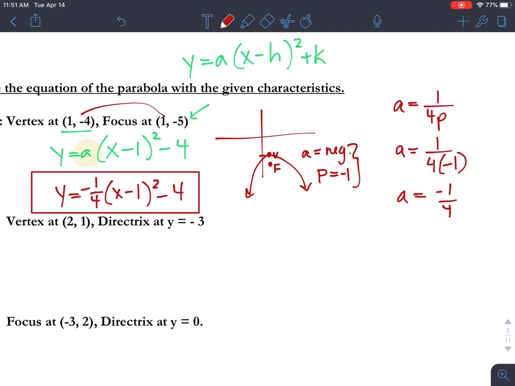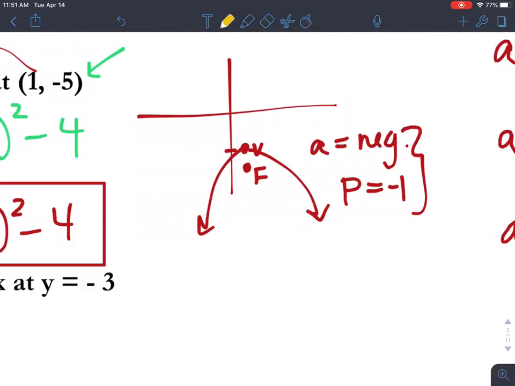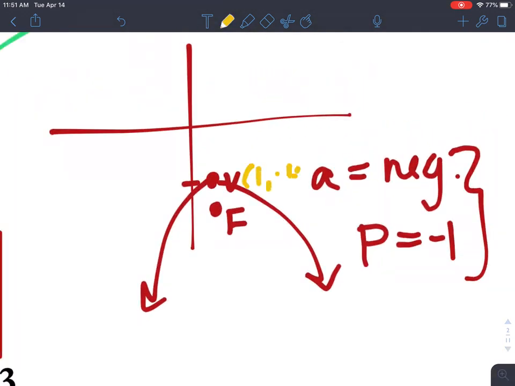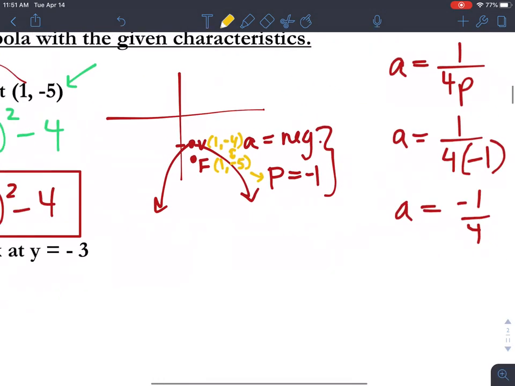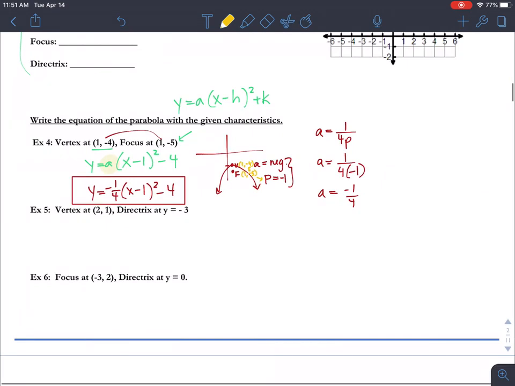Okay, so how did I get that? I got that by figuring out that the vertex and the focus right here, this was at 1, -4, this was at 1, -5. These are 1 unit apart, which gives me p is 1. I also know a is negative because the focus was below, so I had to open downwards for the focus to be inside. Okay, and then let's try example 6.